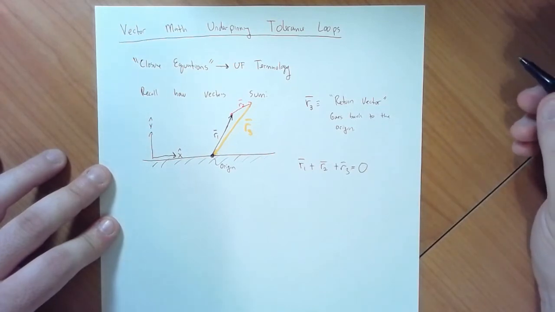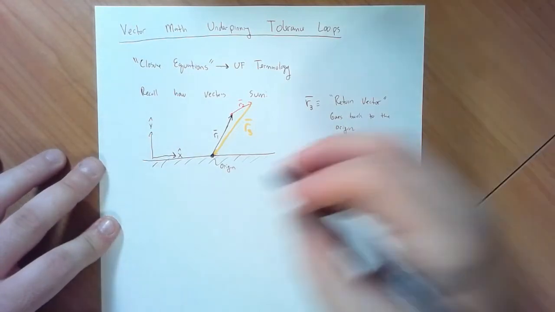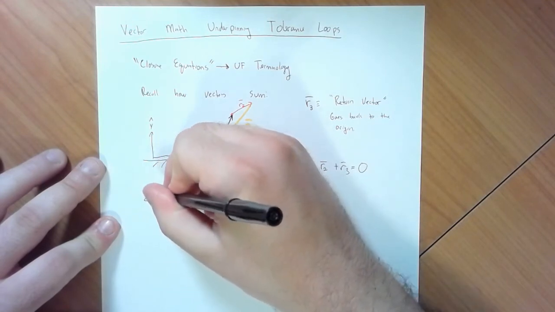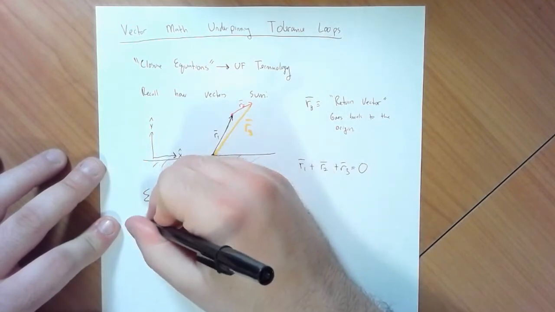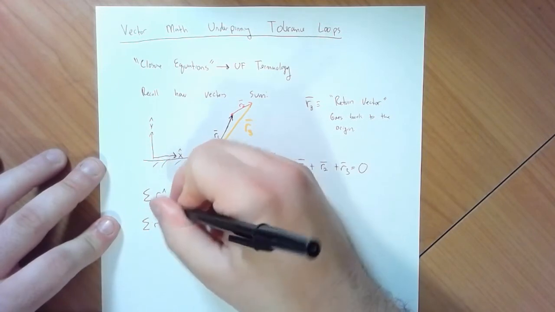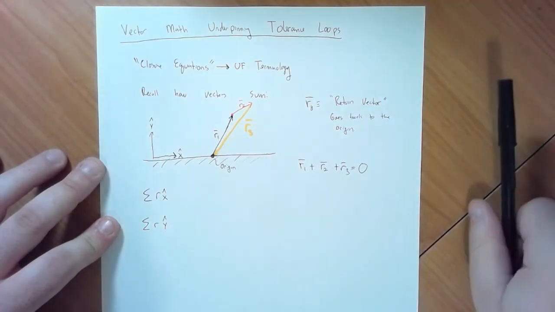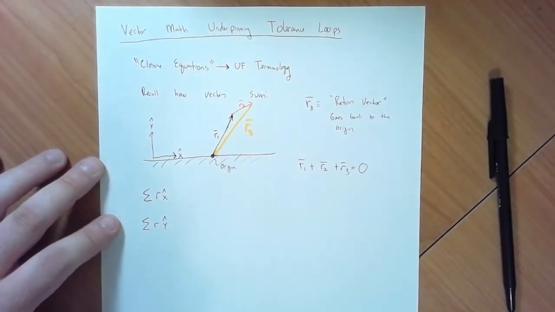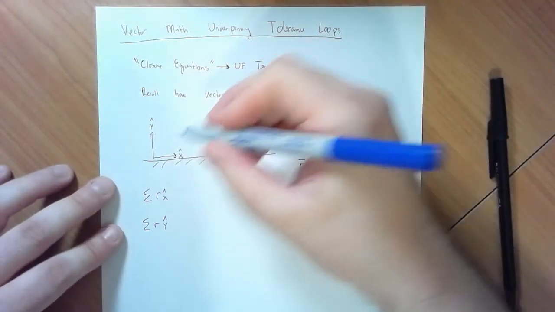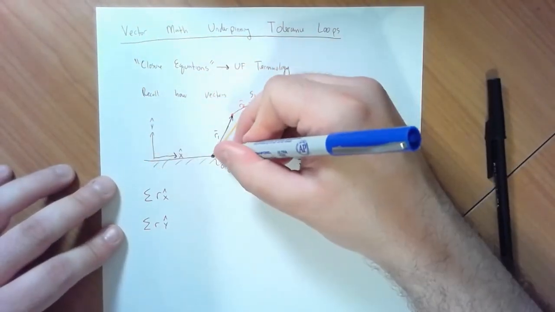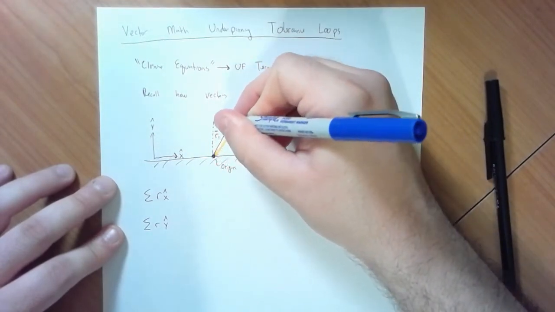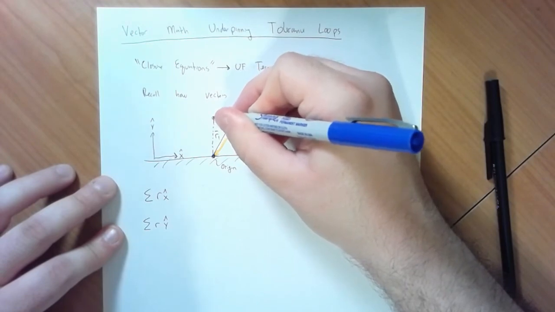Now, the other thing that I can do is I can look at what happens in just the x direction and just the y direction. So if I'm interested in the sum of just R in the x direction and R in the y direction, x hat and y hat directions, really what this looks like is I'm coming along here. We'll just do the y direction. I'm just coming along here, and I'm just taking the y component of R1, and I'm going to stop right there.